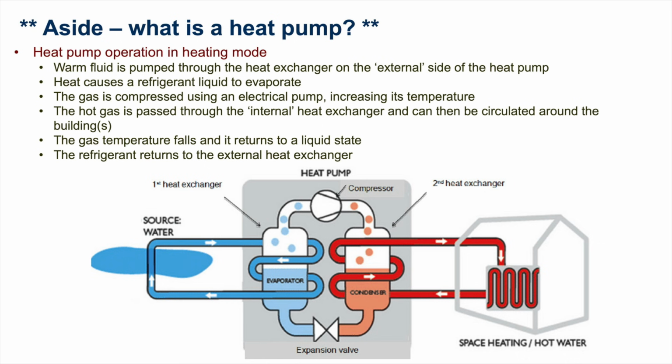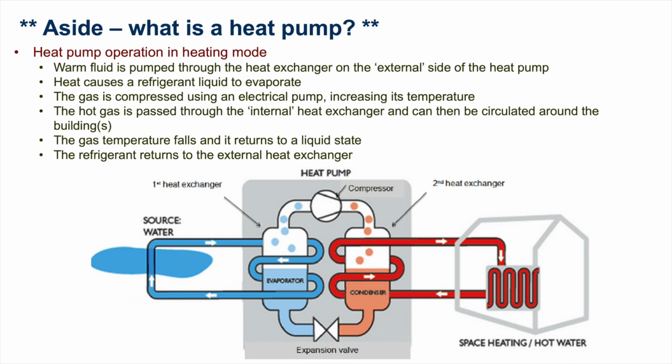So we have our source of groundwater, for example, that's coming out. If we're going to use this for heating, we have a fluid with a very low boiling point, and just adding that bit of heat from the groundwater is enough to cause it to boil. Then we pass it through a compressor, not a pump. We compress it, and that's where the electricity supply comes in.